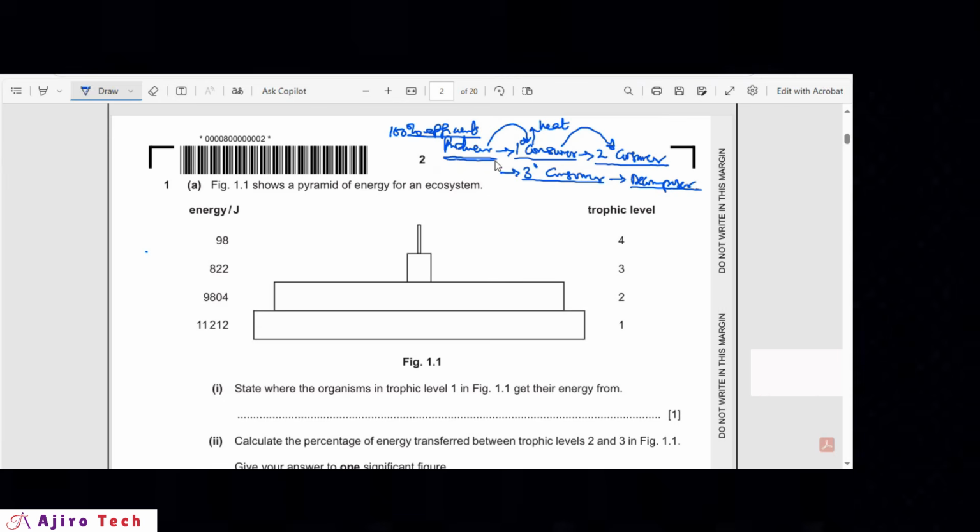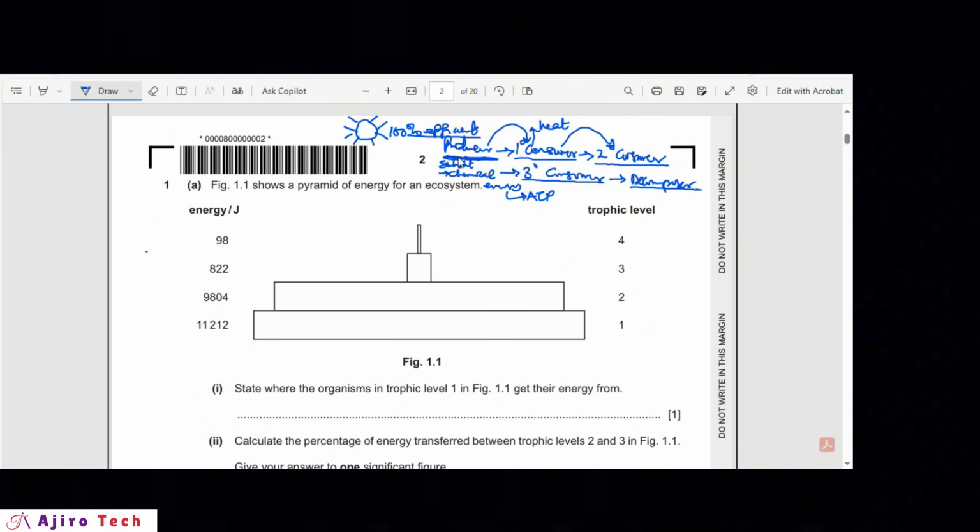And every food chain begins with a producer, usually a green plant, which absorbs sunlight energy. So producers convert sunlight energy to chemical energy in glucose, which ends up in ATP.